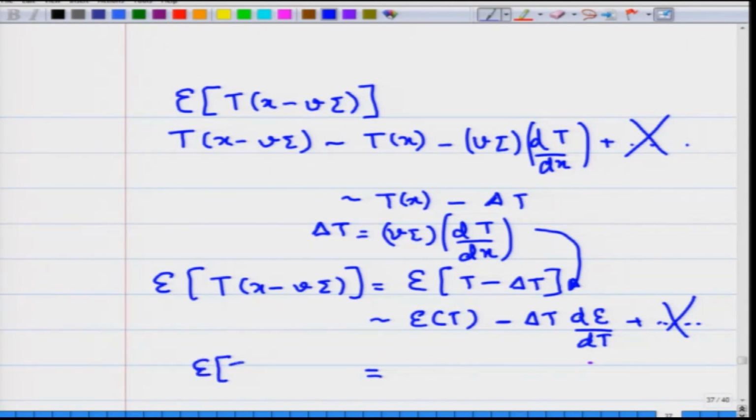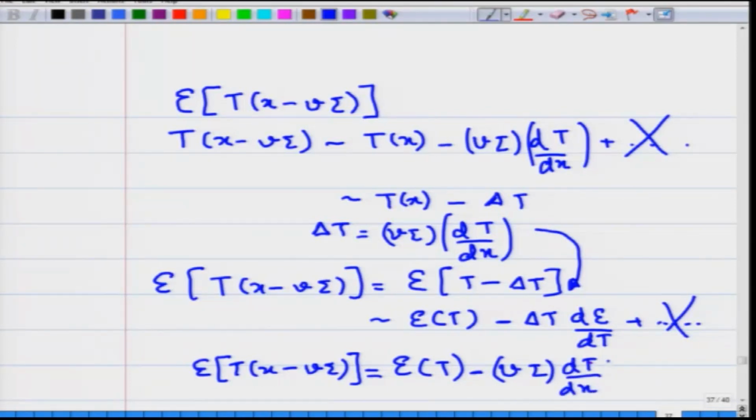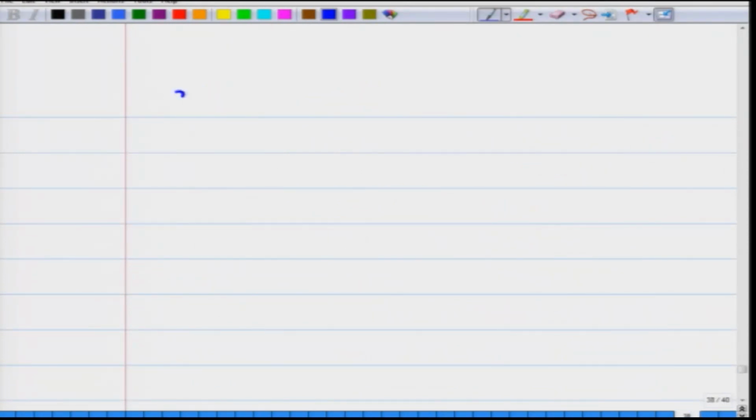And so, if I put all of this here, the energy at x minus V times tau can be written as energy minus V times tau into dT by dx into dE by dT. And you can write a similar expression for the energy at temperature x plus V tau.